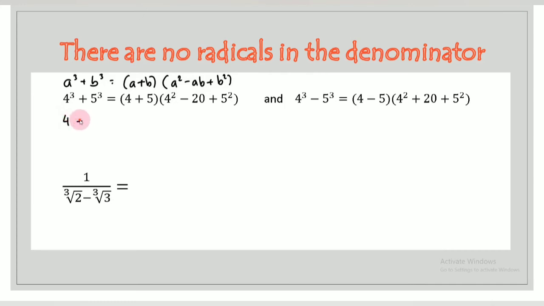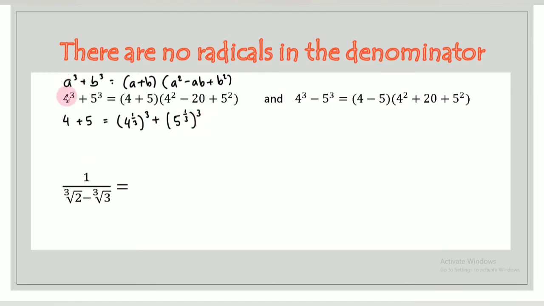So if I put into 4 plus 5, I want to tweak it. It becomes 4 to the power of 1/3 being cubed. It's the same with 4, right? So it is plus 5 to the power of 1/3 being cubed.